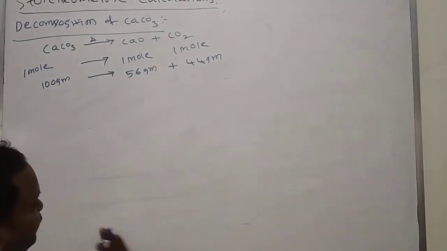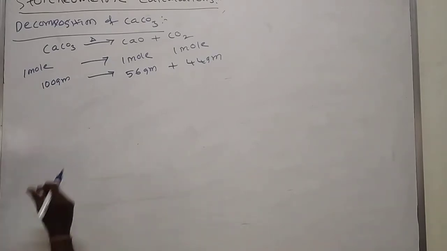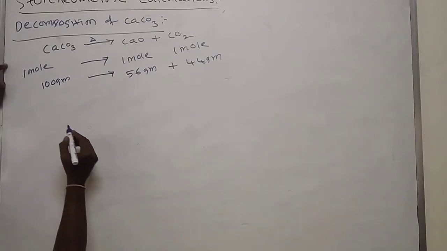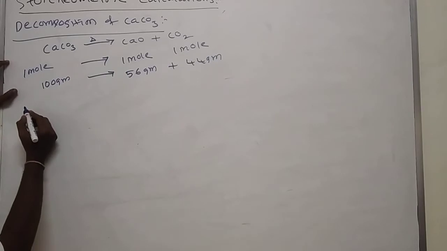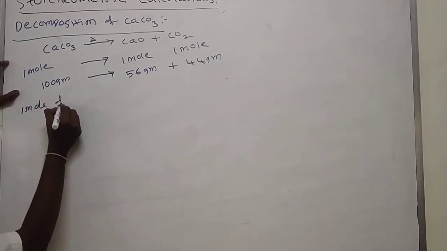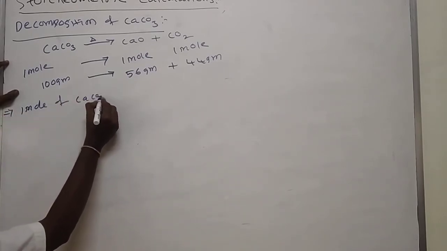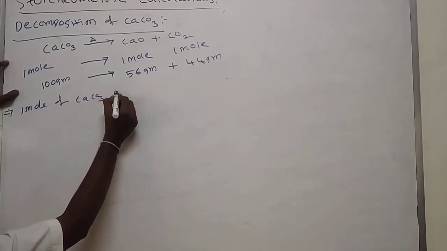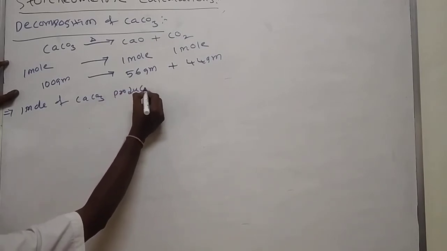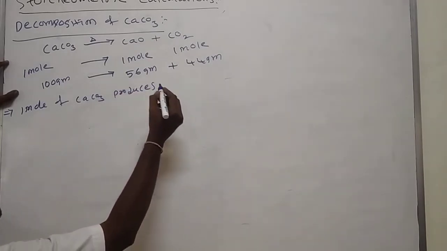Here my question is: 1 mole of calcium carbonate produces 56 grams of calcium oxide.